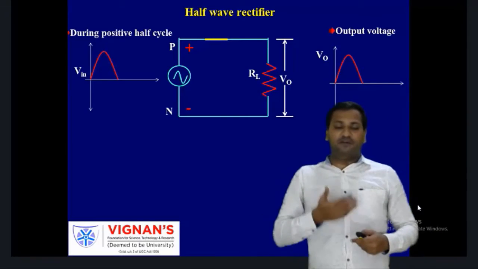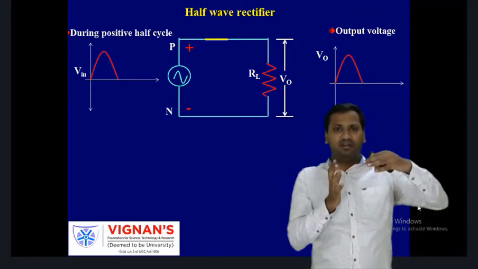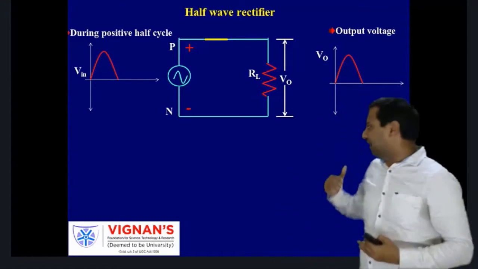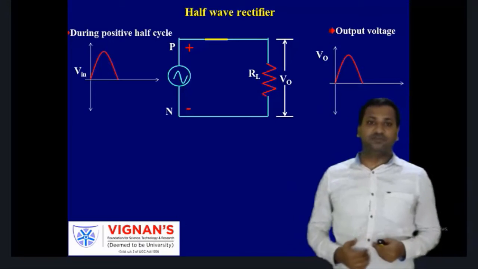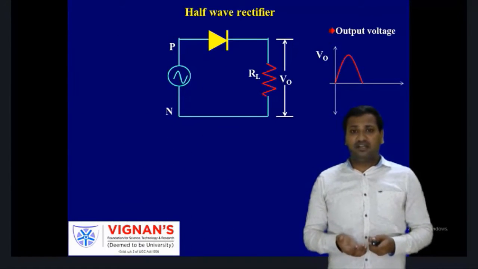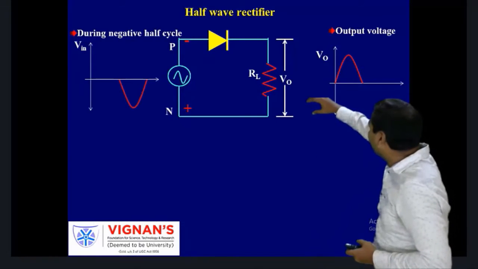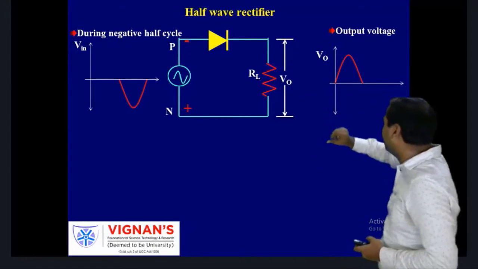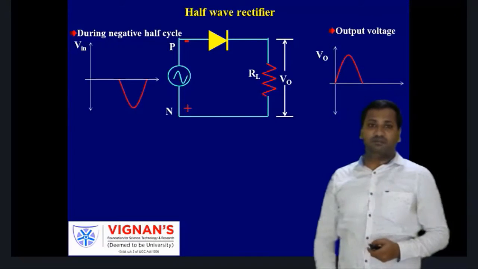While you come into the negative half cycle, what happens is the polarities of the input voltage will be reversed. It will reverse the polarities of the input voltage that you gave to the rectifier. That means your input voltage polarities are reversed. The diode anode is connected to negative and cathode is connected to positive.